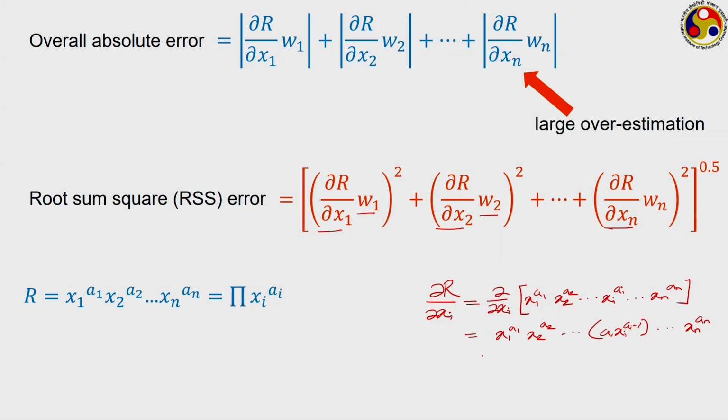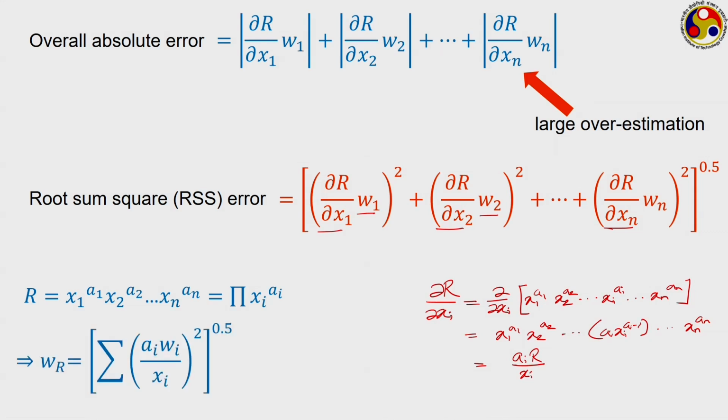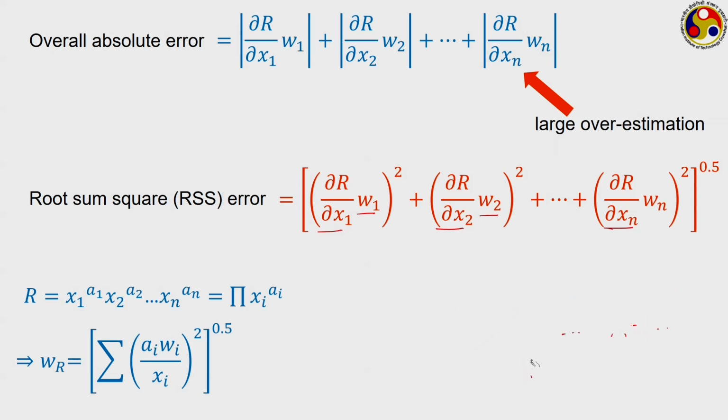Hence we can write this, if we multiply by xi and then divide by the same, as ai into R itself divided by xi. Finally, for the uncertainty, we multiply each of them with the corresponding w1 whole square, and we lead up to this particular thing. So this is what we refer to as the uncertainty in the final value in such situations where each of them appears in a multiplication rule.